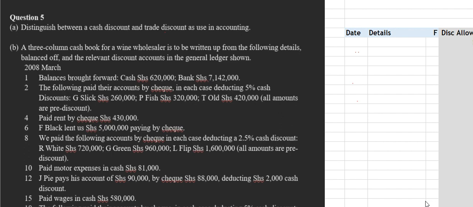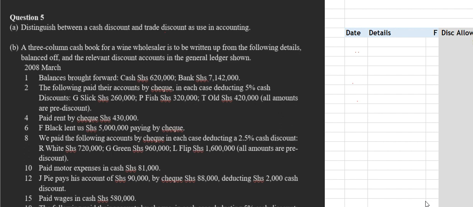So what is a cash book? A cash book is a book of prime entry for cash and bank receipts and payments. Of course, we have different types of cash books. We have a single-column cash book, a 2-column cash book, and a 3-column cash book.